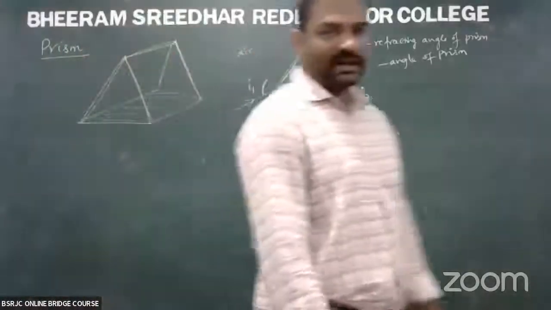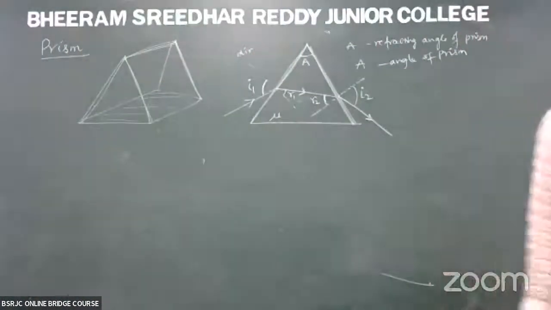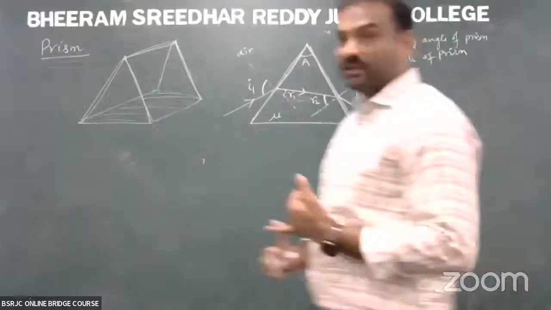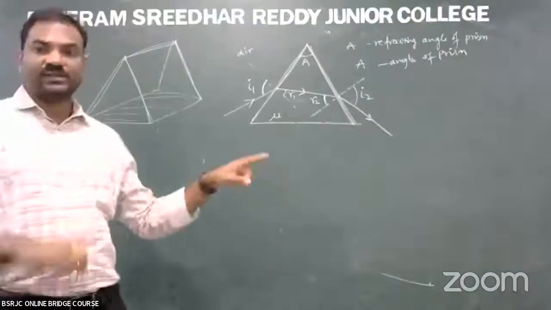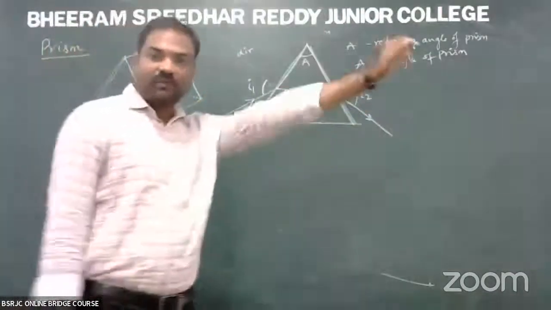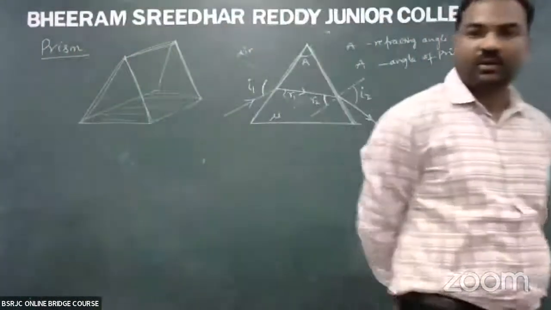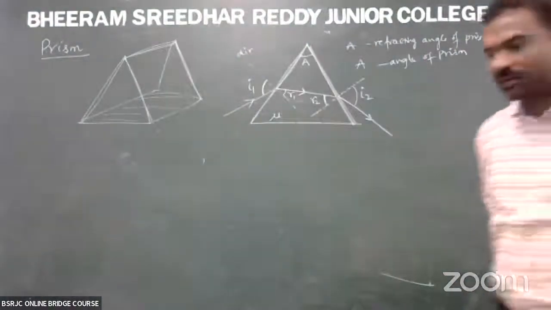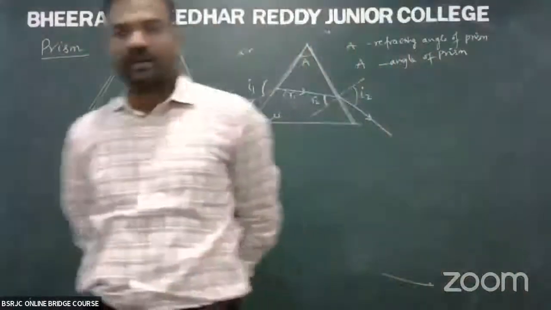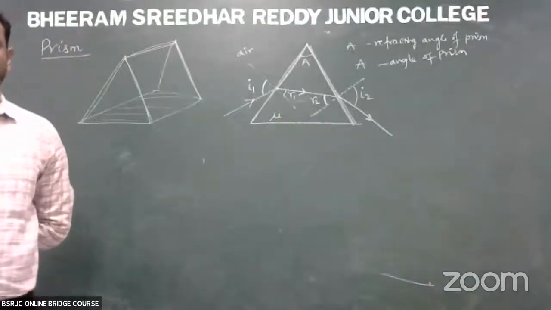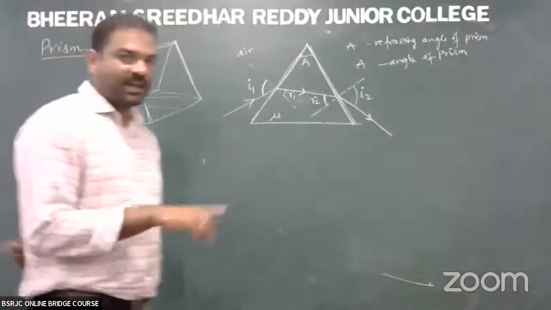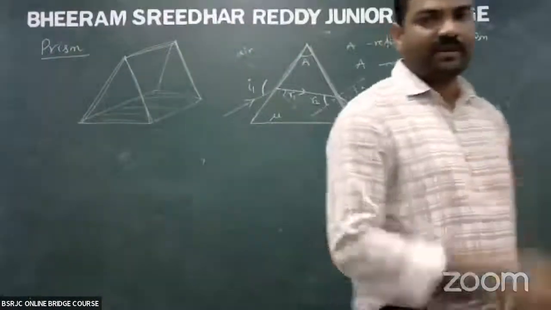All of you understood the angles? I1 is the angle of incidence. Then R1 is the angle of refraction, and R2 is the angle of incidence again on the other surface. Then I2 will be the angle of emergence. Angle of incidence won't be equal to angle of emergence all the time. Only in one case will it be equal. Whenever angle of incidence and angle of emergence are equal, that's called the minimum deviation condition.